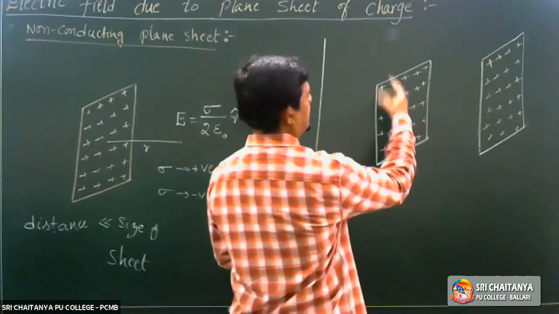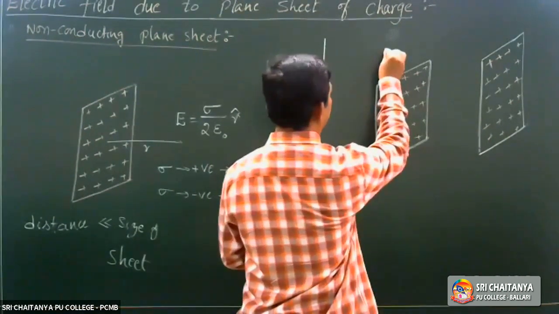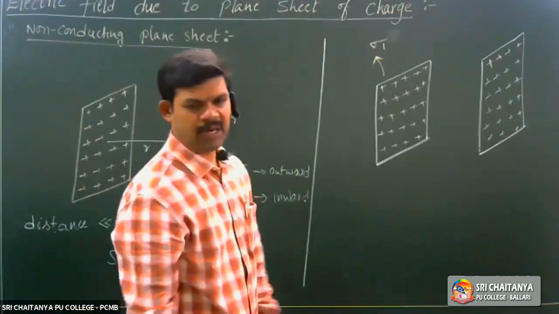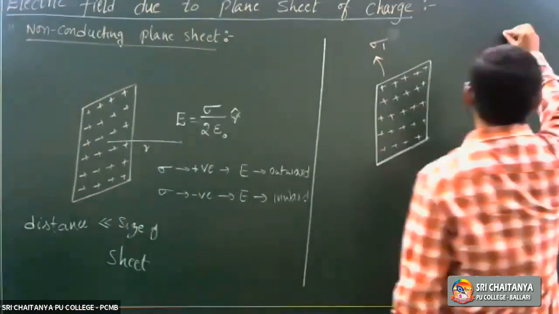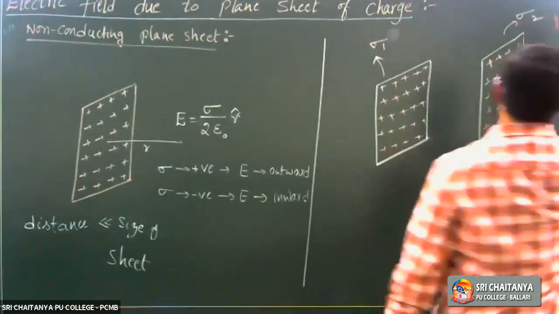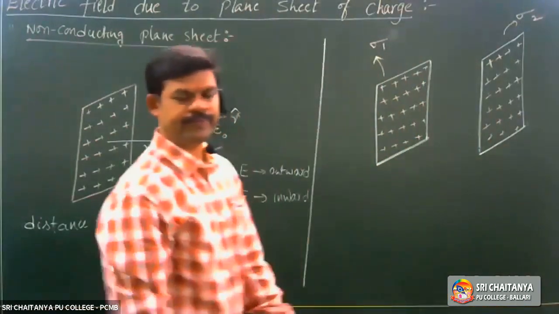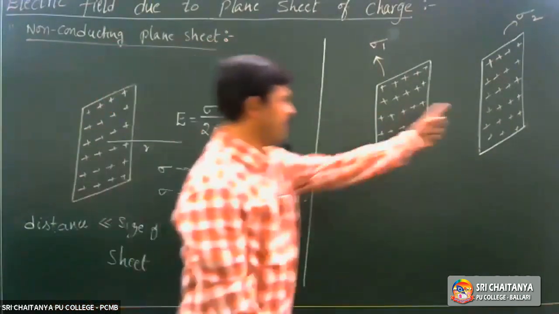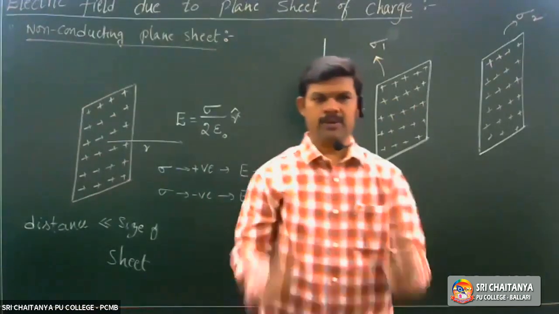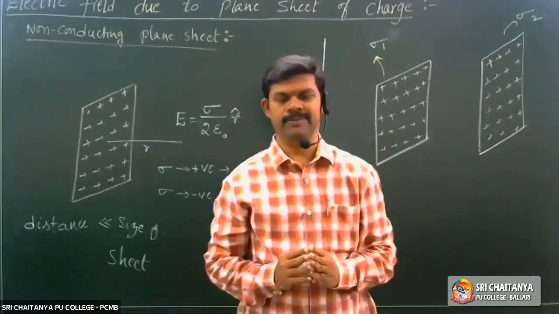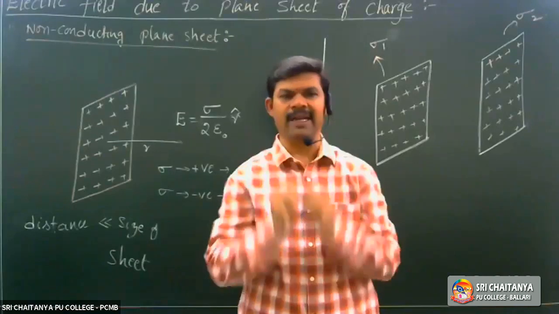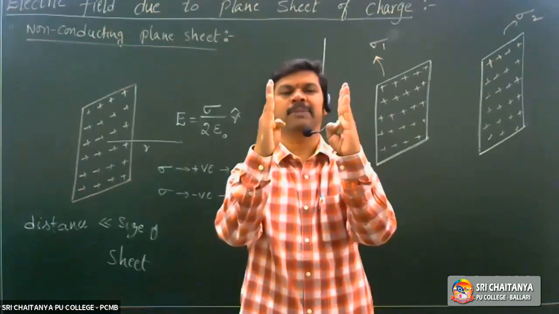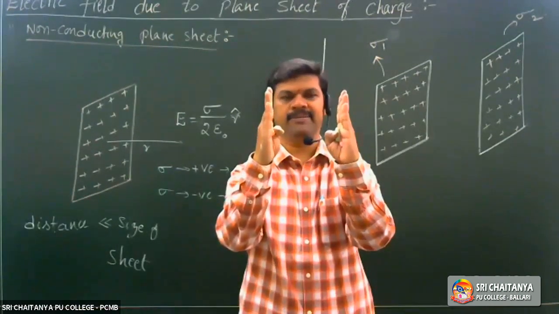And the surface charge density of the first plate is sigma 1. For the second plate, surface charge density sigma 2. This is the given situation. Two thin plates or thin sheets, which are non-conducting, kept parallel, separated by a certain distance, right?